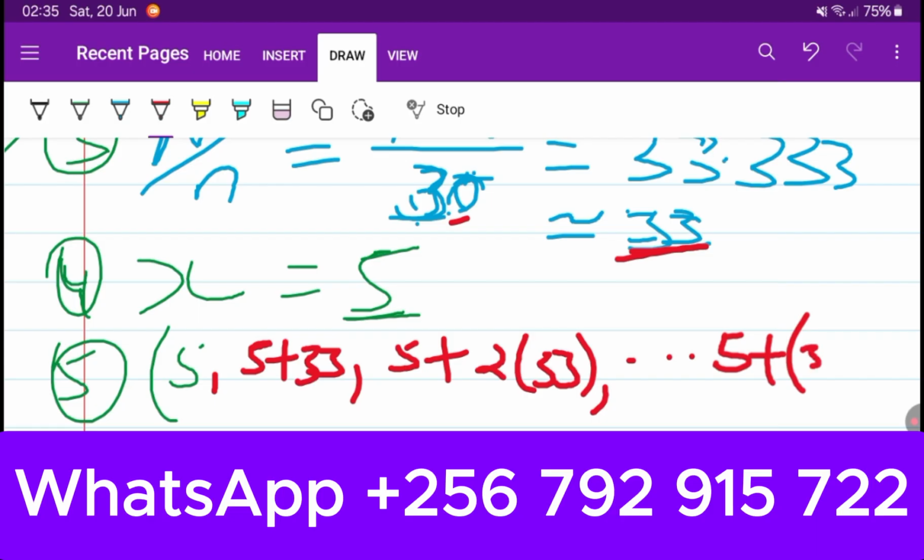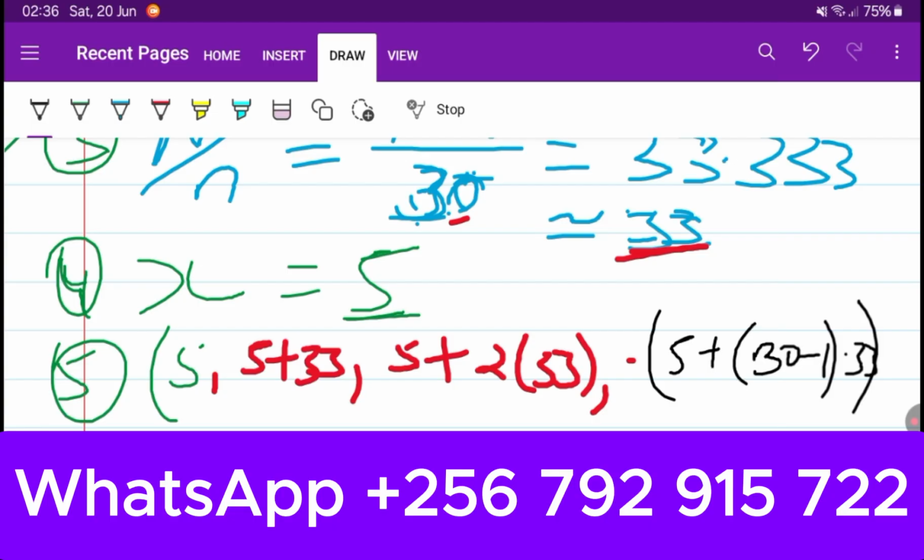It will be 30, which is our sample size, 30 minus 1 times 33. So we go up to when we have 5 plus 30 minus 1 times 33.